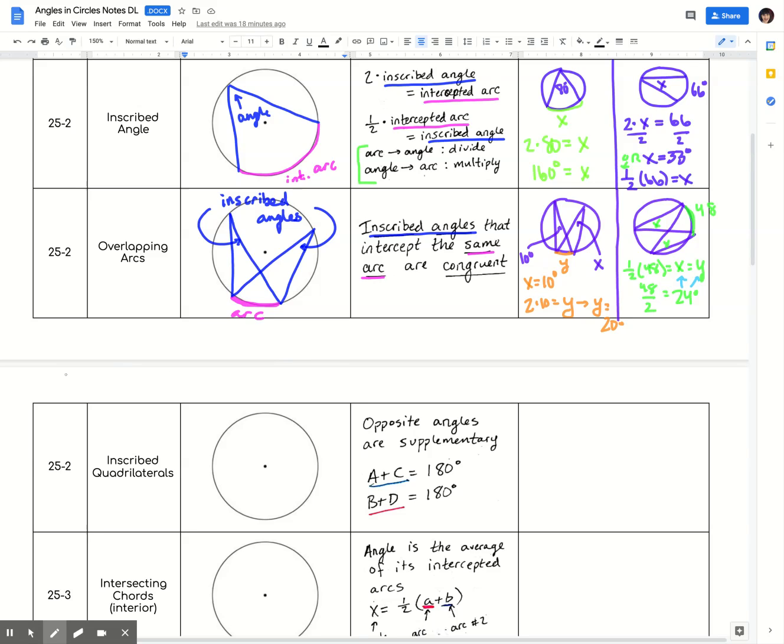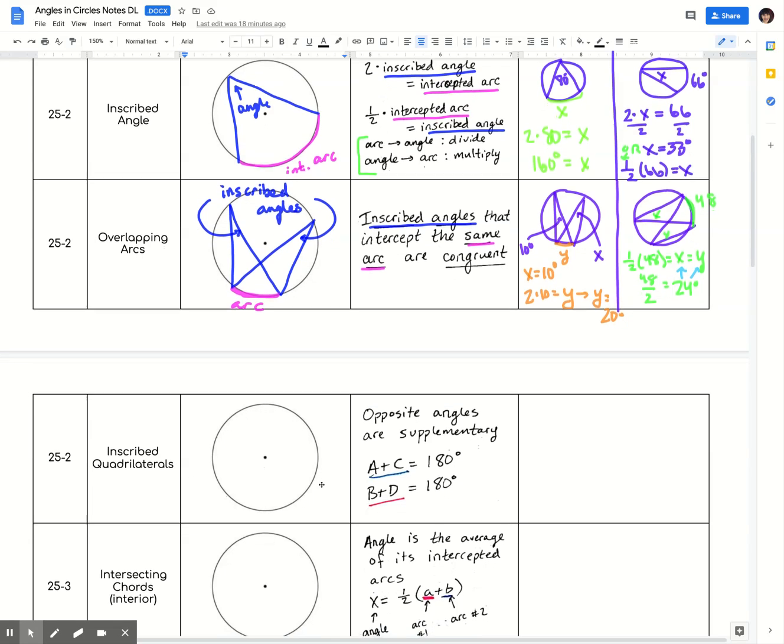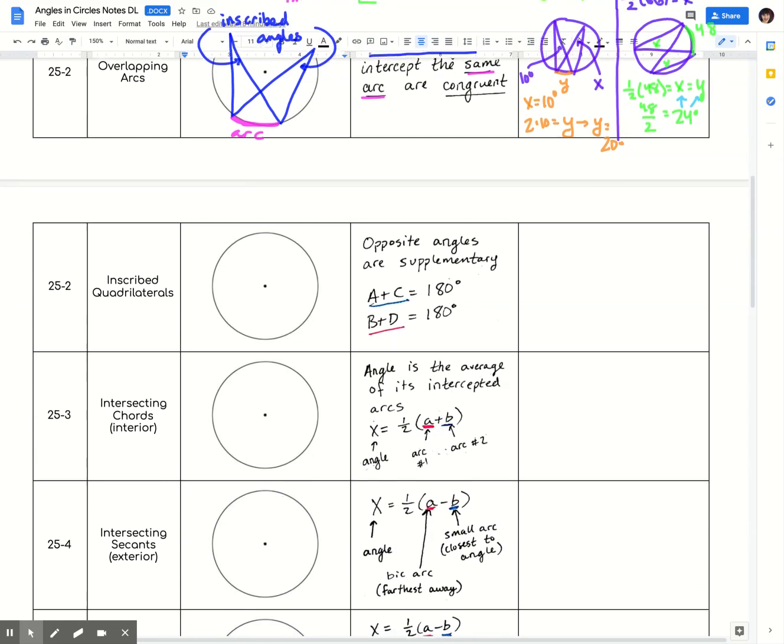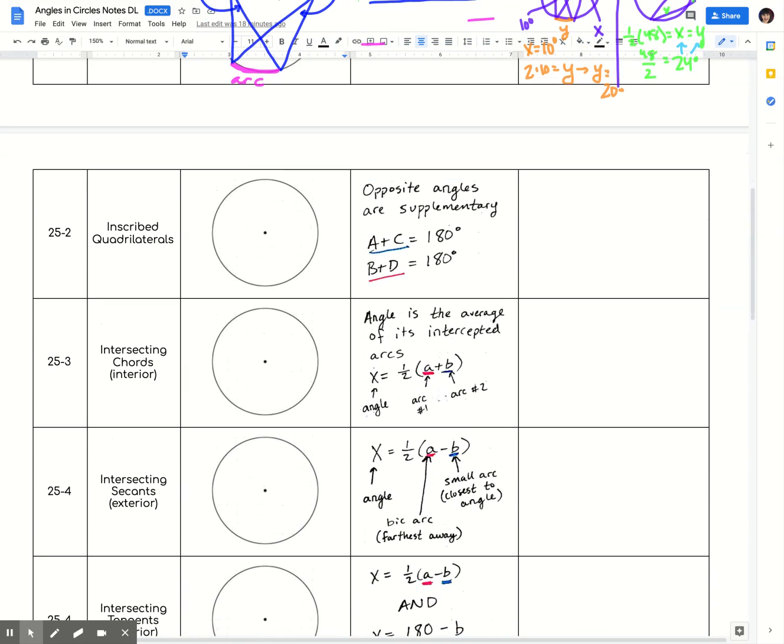All right. The one other really cool property that is based on inscribed angles is creating inscribed quadrilaterals. Remember, a quadrilateral is any shape that has 4 sides.